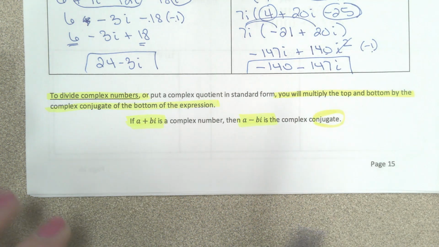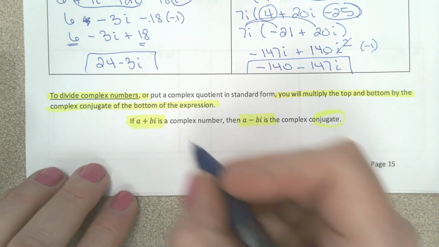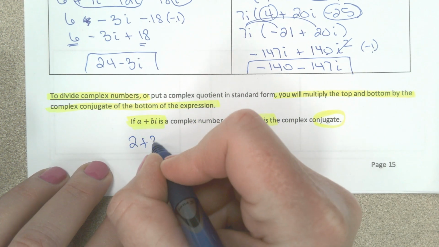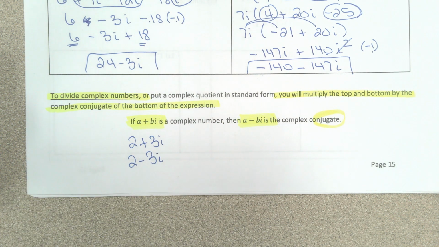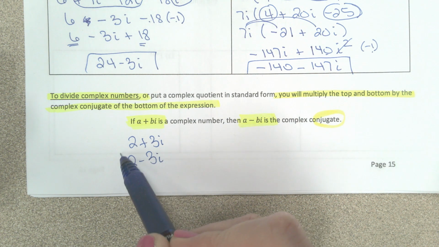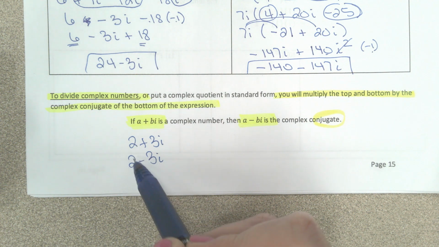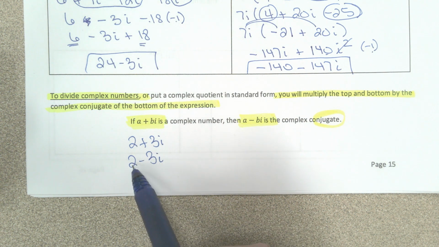So conjugates are the same thing, but different signs, like 2 plus 3i and 2 minus 3i. Those are conjugates. So it's all about the sign between them. It has zero to do with the sign out in front. So don't change that 2 or anything. That would be bad. I have a few more back here.